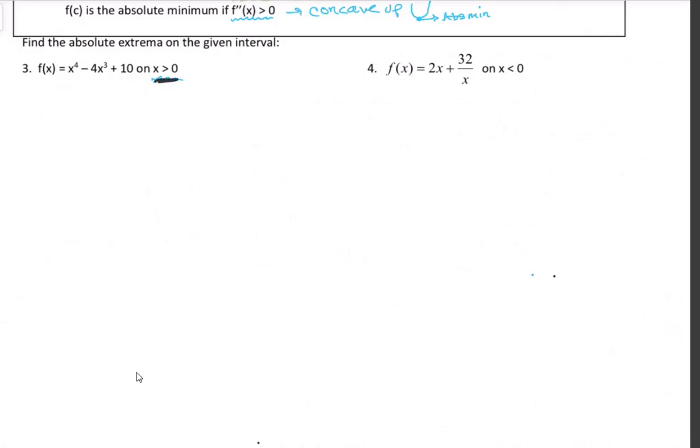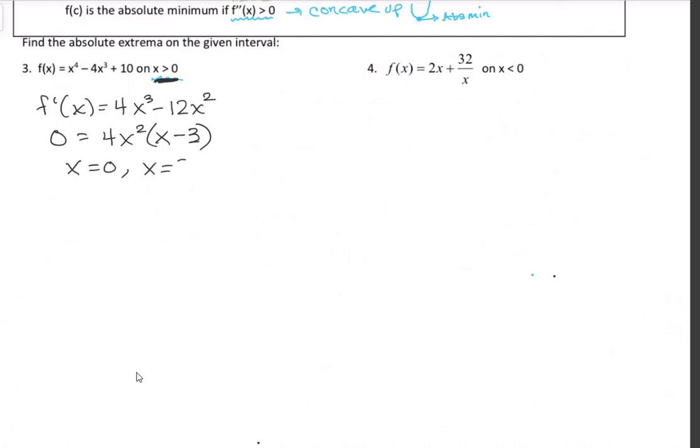That means calculating my first derivative, which would be 4x cubed minus 12x squared, setting that equal to 0, and I'll factor out the greatest common factor of 4x squared, and that leaves me an x minus 3. And so I have two critical numbers, x equal to 0 and x equal to 3.